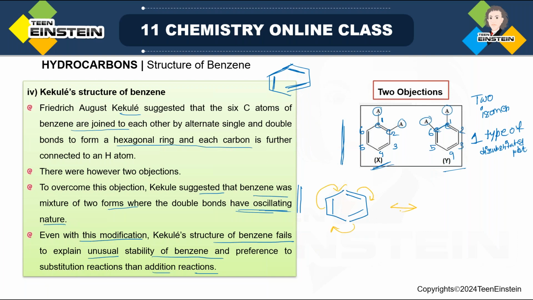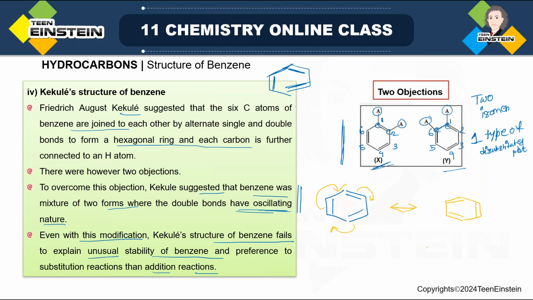So in the new structure, the positions are like this. As there is some oscillating nature, they are always changing their position. So how will we get two types of isomer, only one type of isomer. Up to this point, it is fine. But it is also observed that in the benzene ring, if you simply consider this type of three double bonds, the stability that we expect from these three separate CC double bonds, that stability we are actually not getting. We are getting some higher stability than that.